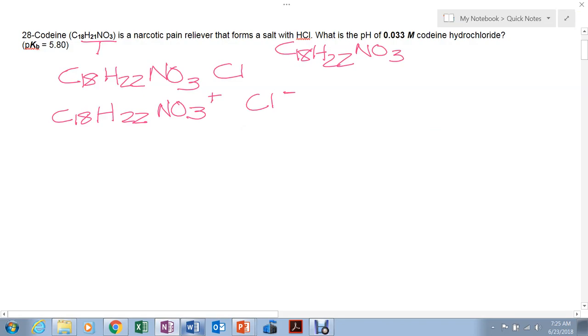This is the conjugate acid of a weak base, so this is going to react with water to form hydronium. This one, no, because it's from hydrochloric acid.